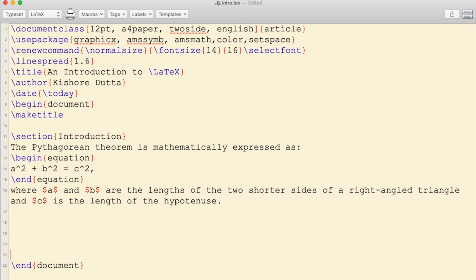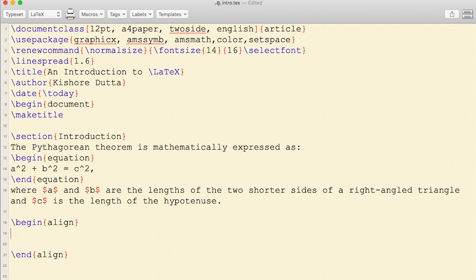When multiple equations need to be aligned for clarity, the align environment is employed. This environment allows equations to be aligned at a specific symbol, such as an equal sign, enhancing readability. Here is an example where I want to align two equations at equal signs.